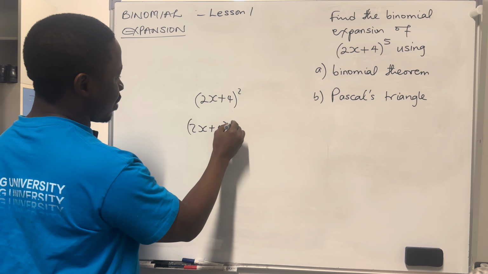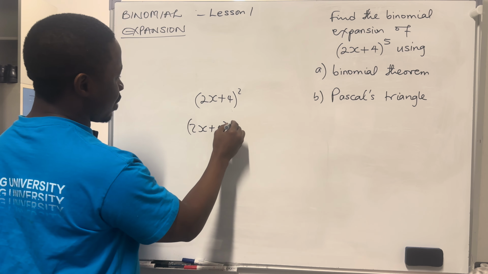Let us pay attention. If you have 2x plus 4 to the power 2, when you expand this, 2x squared is 4x squared. 4 squared is 16. 2 times 2x is 4x. 4x times 4 is 16x.